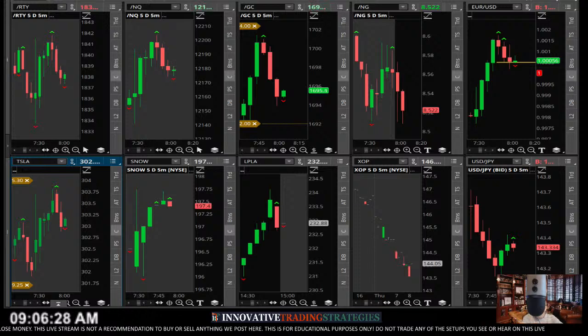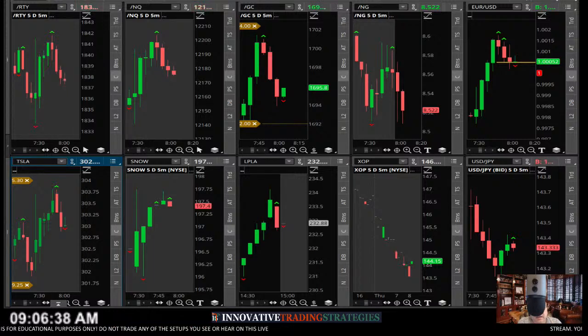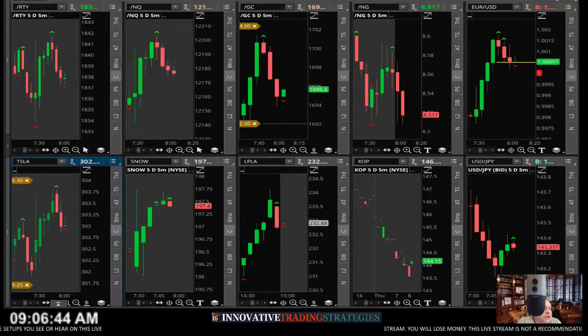Now, looking at our scan, we do have quite a few stocks that we've scanned through our different patterns, and we've got quite a few of them pointing to an up day today. So I think 96% of all of the patterns were pointing to being an up day.